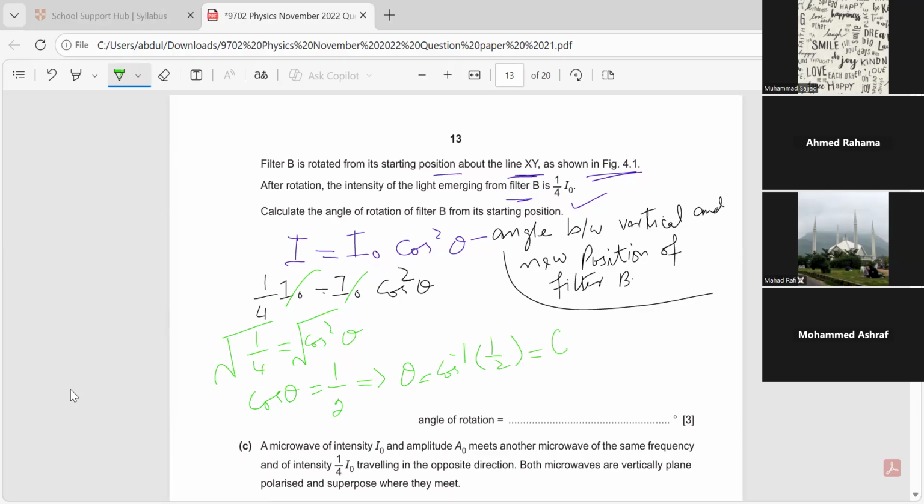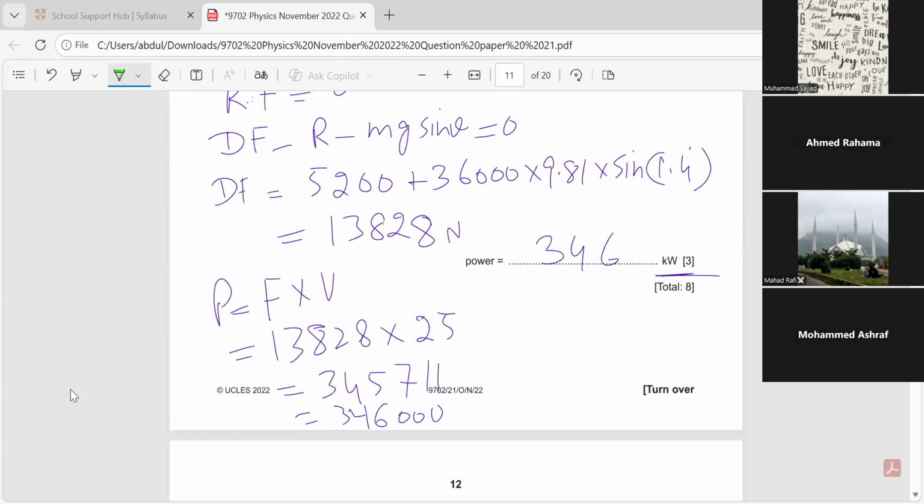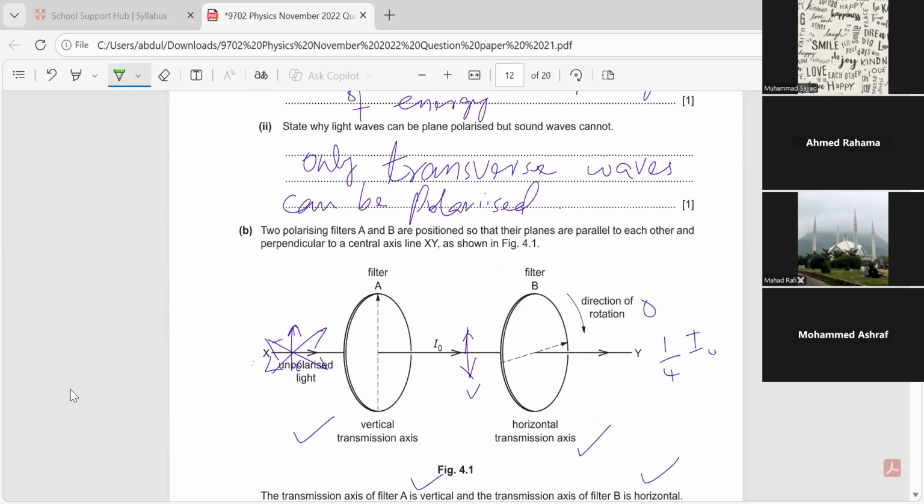That is equal to how much? 60 degrees. Now, angle of rotation is not 60. Let's go back, my dear friends. Angle of rotation, you need to be very, very careful, my dear friends. This theta angle, which we have calculated, is along the vertical.